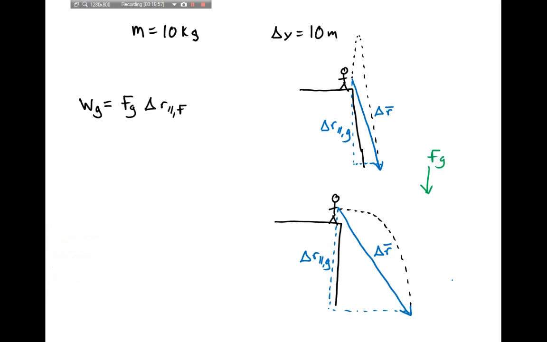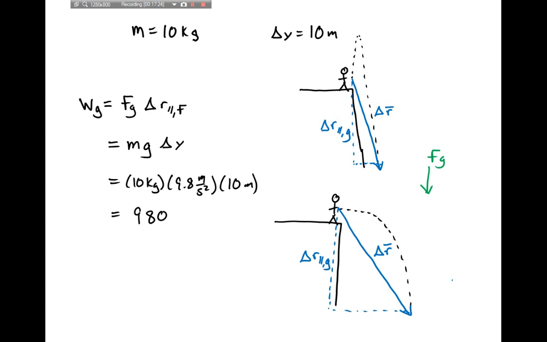So no matter how the stone is thrown off the building, because it always moves 10 meters downwards, and that's the motion that's parallel to the gravitational force, the work is always the force due to gravity, which is mg, times the change in the height. So here we have 10 kilograms times 9.8 meters per second squared times 10 meters. So this is just equal to 980 joules. So it doesn't matter how the stone's thrown from the cliff, 980 joules of work will be done by the gravitational force.